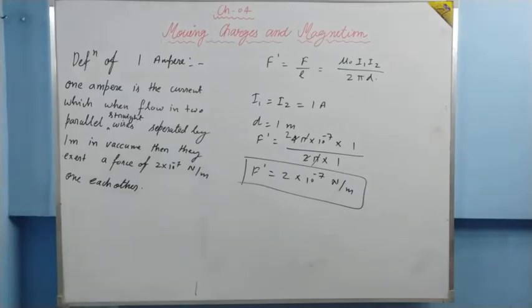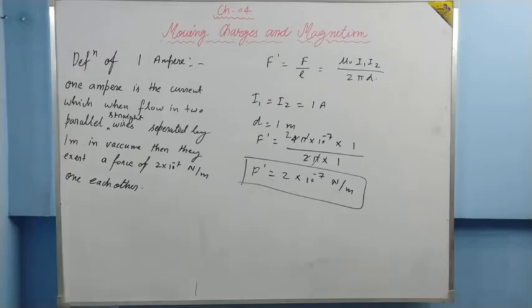Okay, this is the definition of 1 ampere. 1 ampere is the current which, when flowing in two parallel straight wires separated by 1 meter in vacuum, exert a force of 2 into 10 to the power minus 7 Newton per meter. Newton per meter is very necessary to write, because this force is force per unit length, not exactly the force. So Newton per meter on each other.